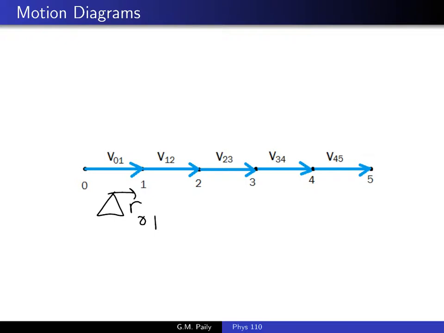It shows you the displacement from position 0 to position 1. But we have said that the direction of the displacement is the same as the direction of the velocity. So this arrow can also represent the average velocity during the time interval between 0 and 1. Similarly, this arrow represents both the velocity between times 2 and 3, as well as the displacement between positions 2 and 3.